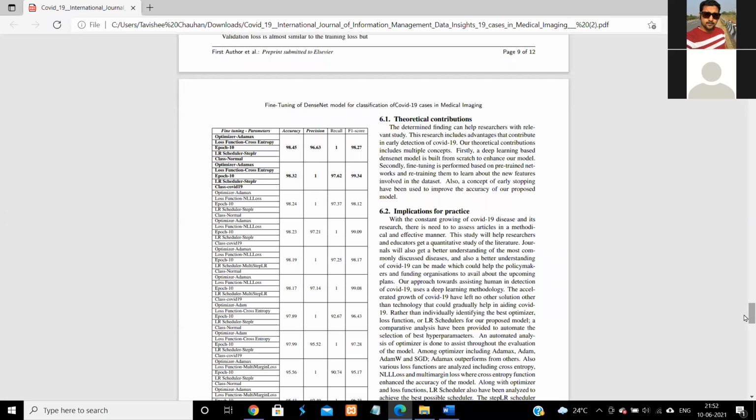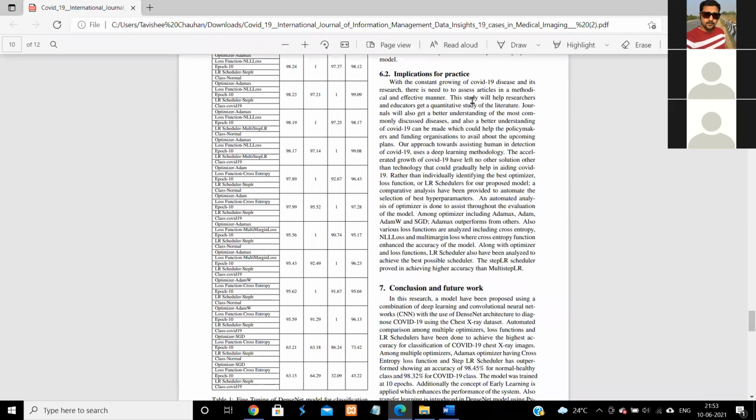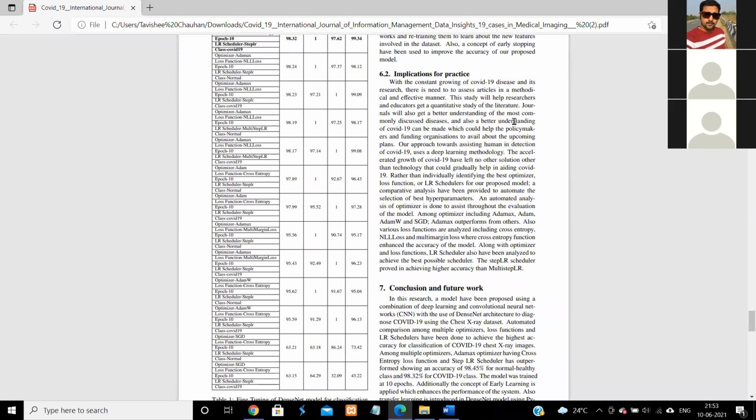Could you maybe explain a little bit more about implications for the practice? So Tavishi, you want to take it up? Yeah, sir. So implications for practice is basically how our research is going to help other researchers. So I'll read and show you the introduction part of this.